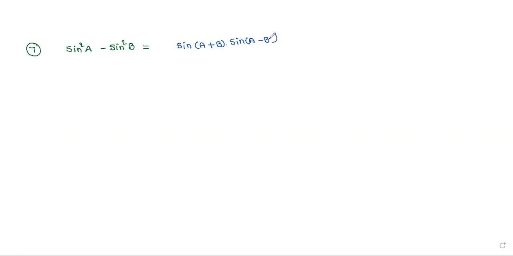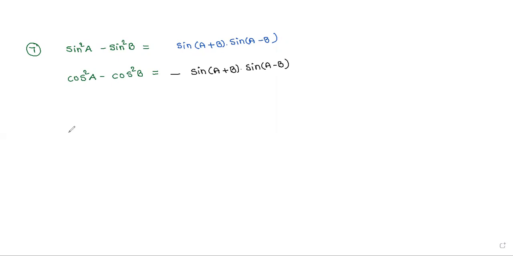Next, in case, very important: cos square a minus cos square b is equal to minus, simply write, minus sin of a plus b into sin of a minus b.